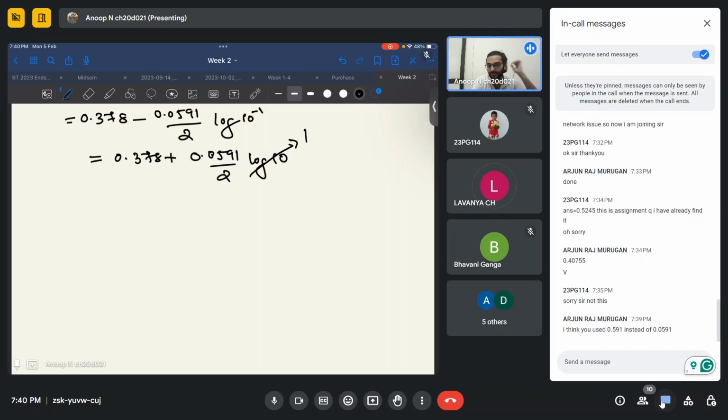Is it clear? Are you getting the correct answer? You just need to substitute the values and you will get the correct answer. Shall we move to next question?